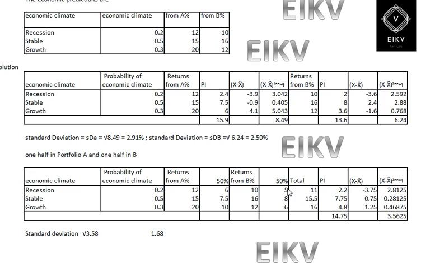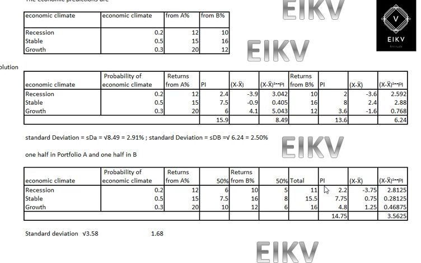In the same way for B, 10 into 0.5 is 5, 16 into 0.5 is 8, and 12 into 0.5 is 6. When we take the total return, it will be 11, 15.5 and 16.